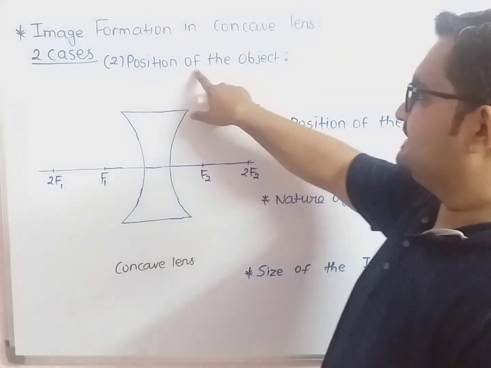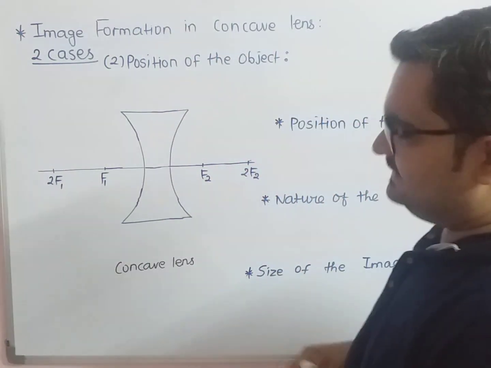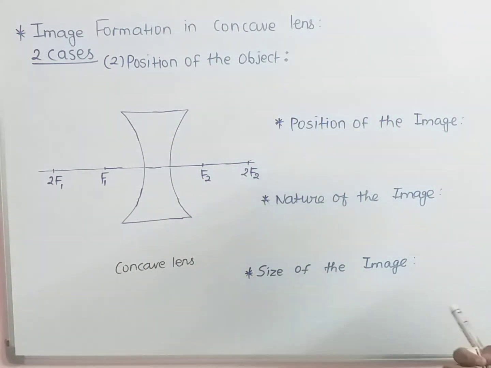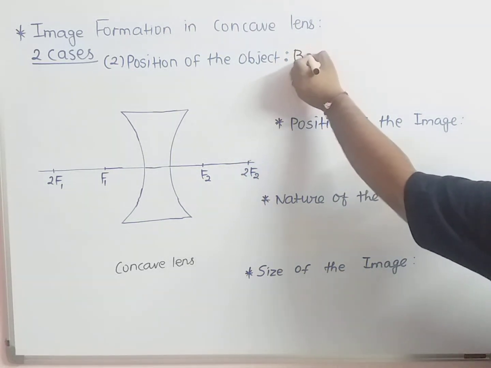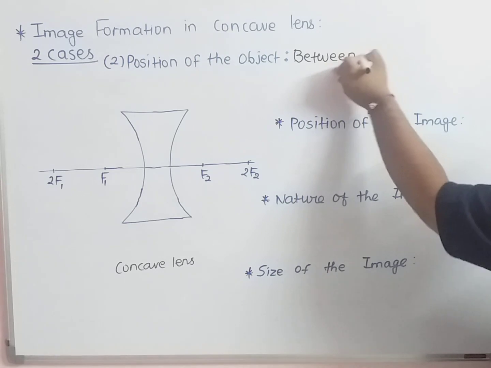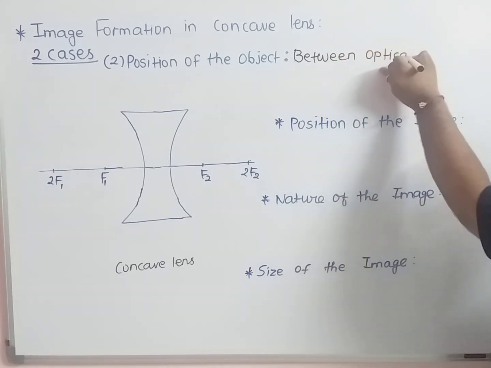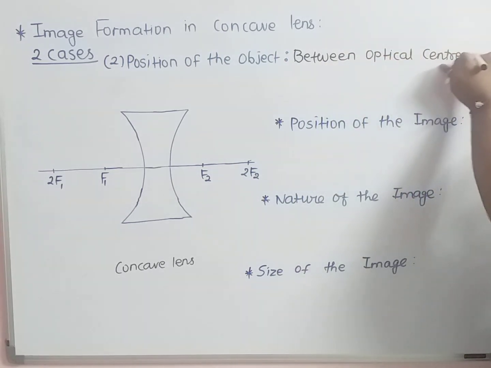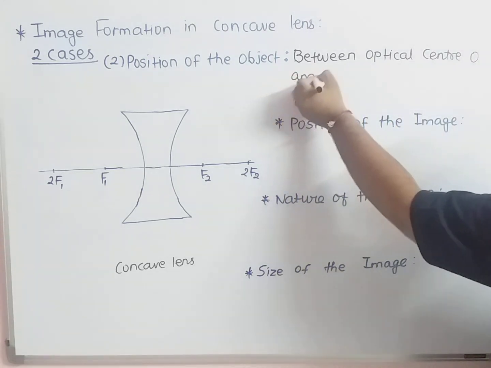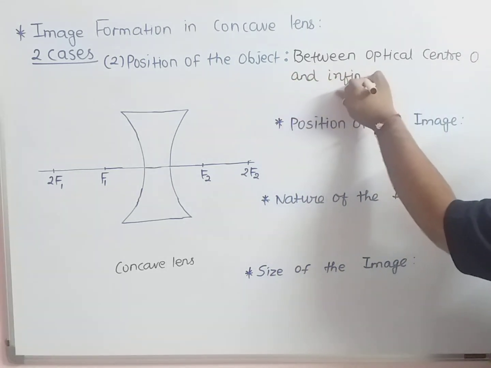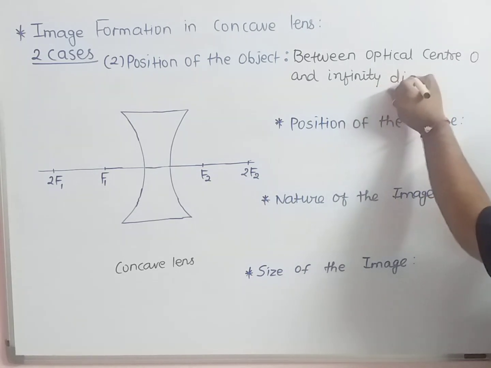Now our second case of the concave lens. Here we put our object between the optical center O of the lens and infinity distance.